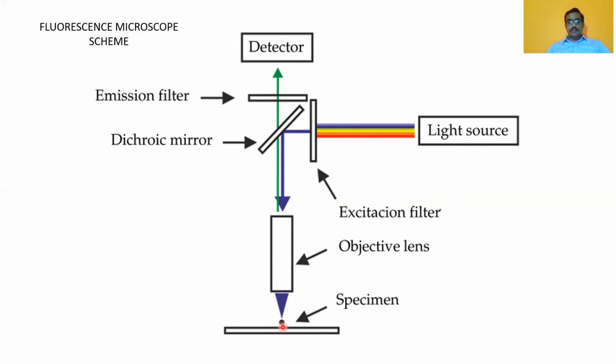The phenomenon of fluorescence is basically that whenever a fluorescent object is hit with a high energy radiation, like your UV light or your X-rays, it absorbs the high energy radiation. The electrons in that sample, in that object, are excited to a higher energy state. And when the effect of the light is gone, the electrons fall back to their original state.